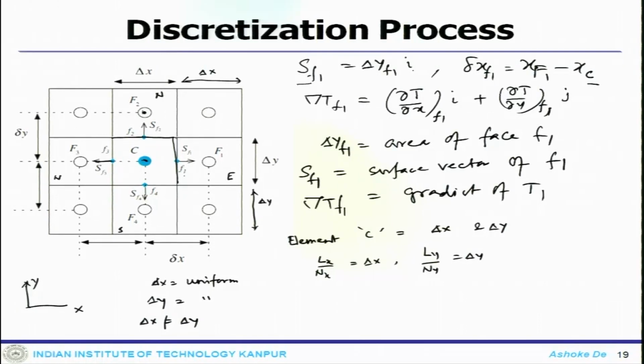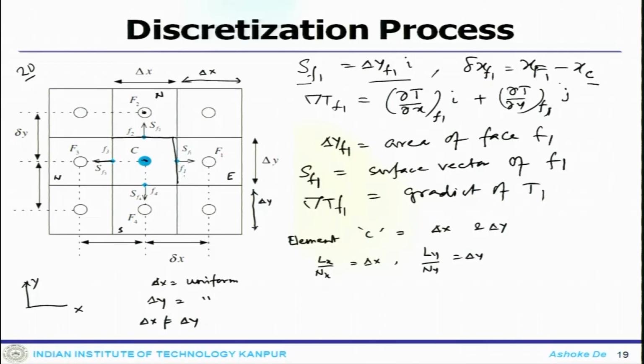It is a two dimensional domain. Since it is a two dimensional domain, in the other direction, the spanwise direction, you have a unit length. So this length multiplied with the unit length is the area and the direction vector. So it is an area normal vector. So it gives you delta yf1.